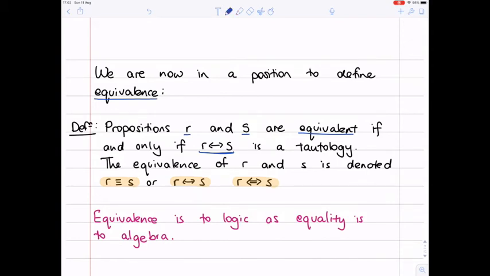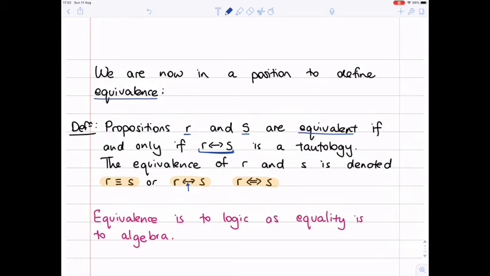So don't be confused. This can feel a little bit weird because we've already thought of this as meaning if and only if, but the whole point is that we're using if and only if to define equivalence, and that's why it kind of gets used for the same thing.